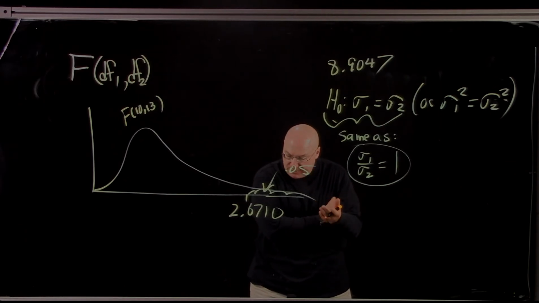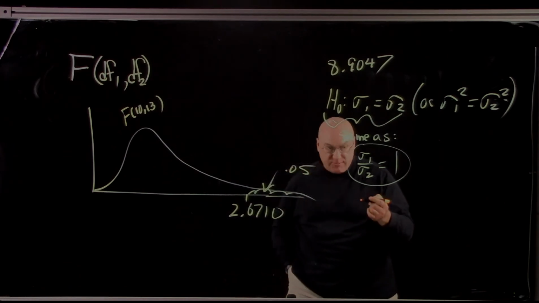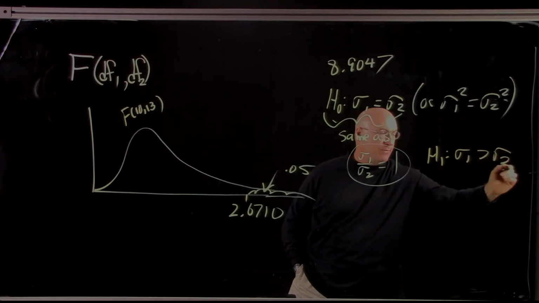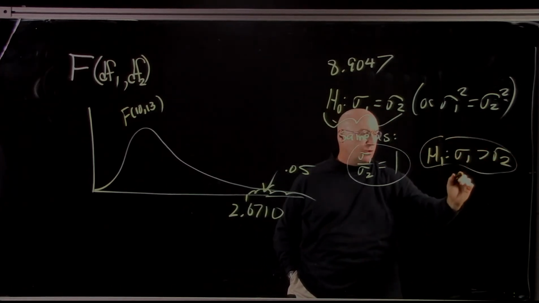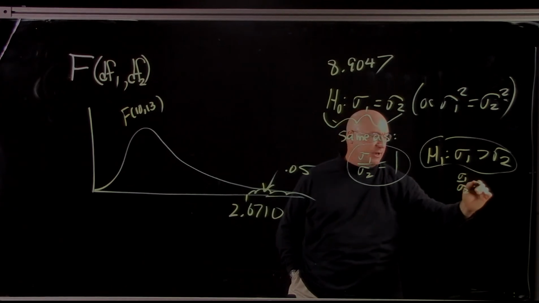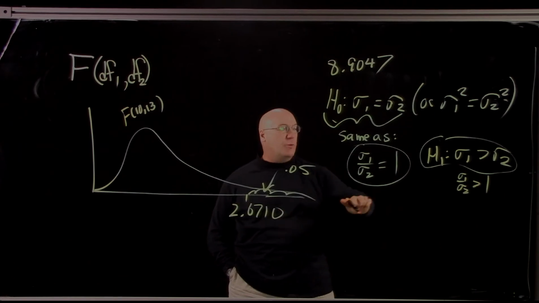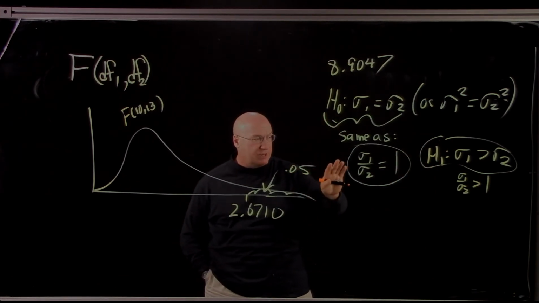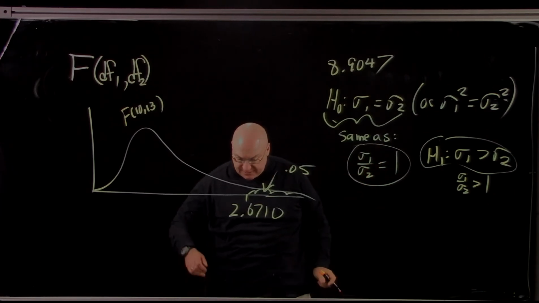So the alternative hypothesis will always be H1: sigma 1 is greater than sigma 2. We want to set things up, if possible, and it will always be possible, so that this is our alternative one, which would correspond to that ratio being bigger than 1. We don't want to look at the other cases for the alternative hypothesis because it's hard to use the tables to gain information for those other cases.